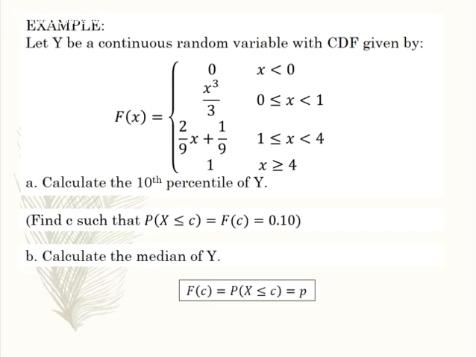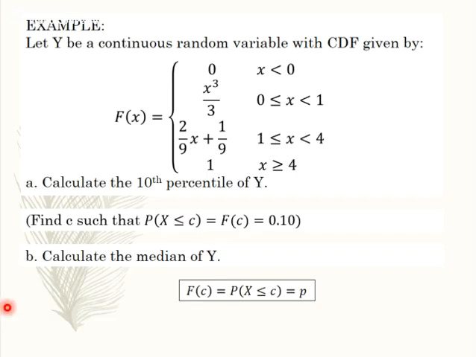This equation happens to be the exact CDF that corresponds to the PDF in the previous example. I would like you, on your own, to try to calculate the 60th percentile as well and see what answer you get. You should get 2.2. Try using the CDF and make sure you're able to get the correct answer.